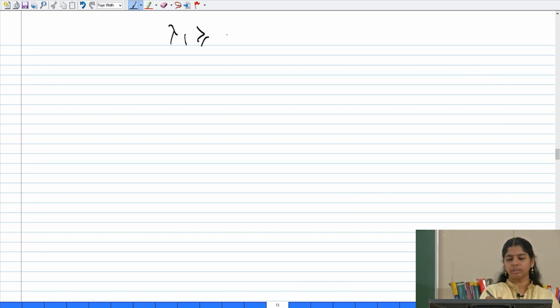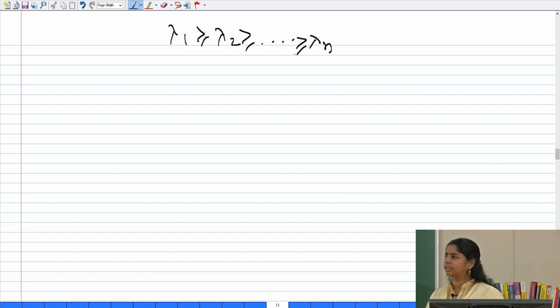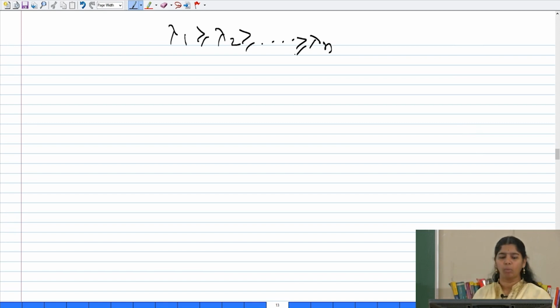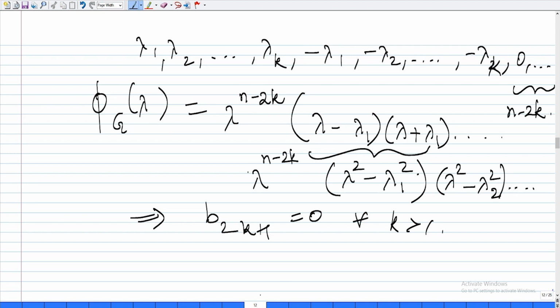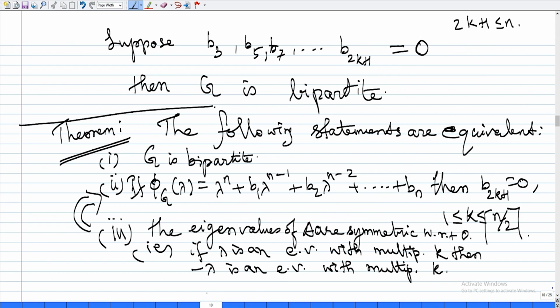So, can we say how big my largest eigenvalue could be? Suppose I order the vertex eigenvalues in this fashion, what will be the maximum that is possible for lambda 1? It has to lie somewhere between this. You can use the previous idea of the formula that we have presented.